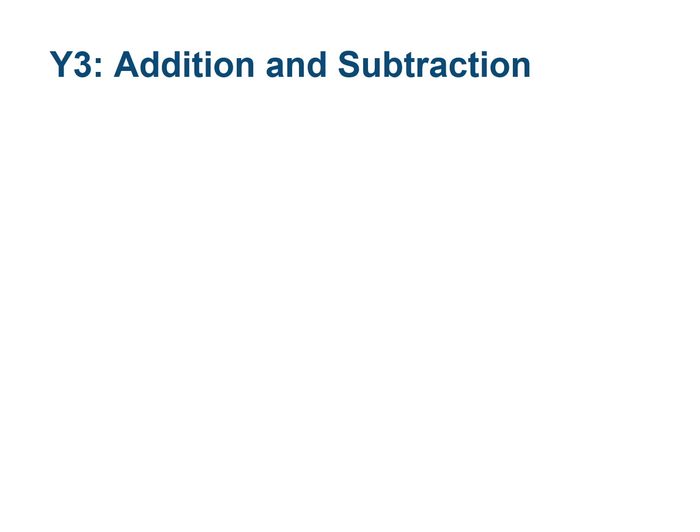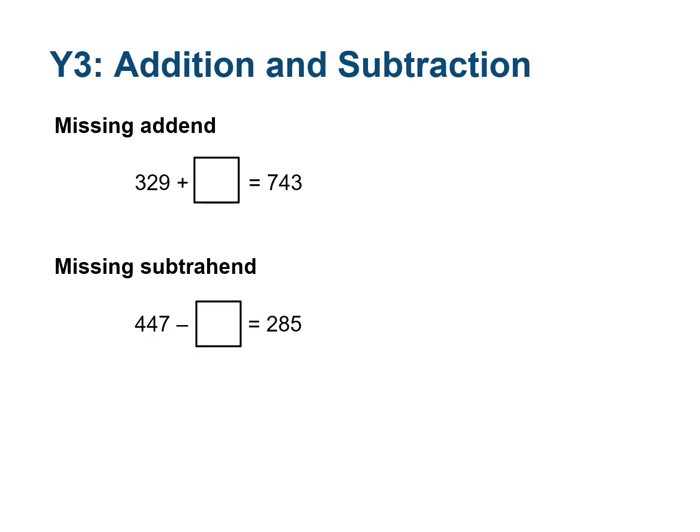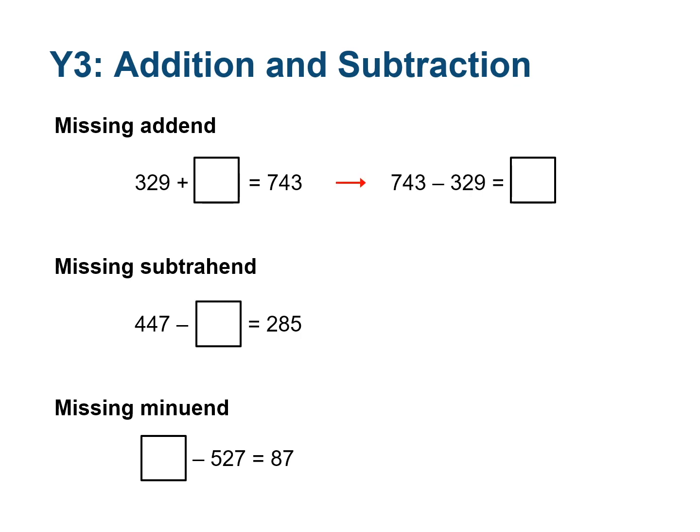Pupils should use this understanding of the additive relationship to solve calculations involving finding a missing addend, a missing subtrahend, or a missing minuend, and understand what calculation they must use to find the missing number. So the missing addend, the missing subtrahend, and the missing minuend.